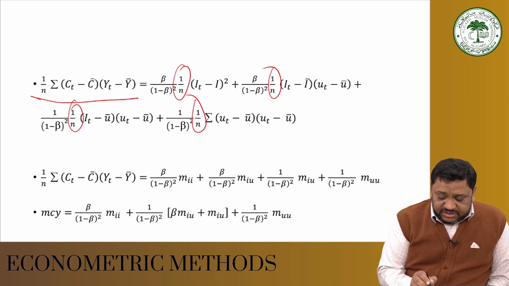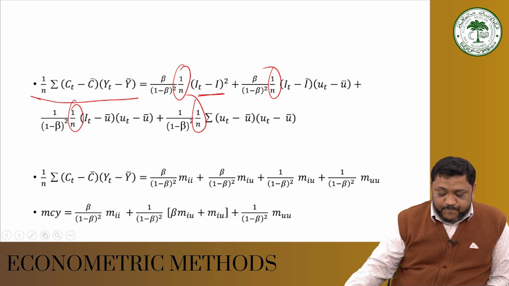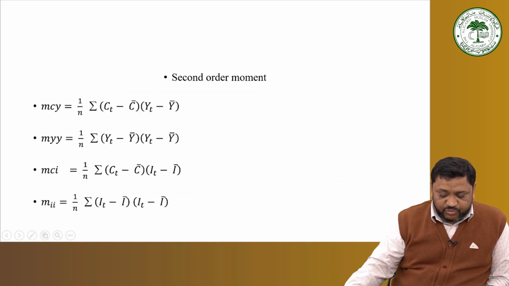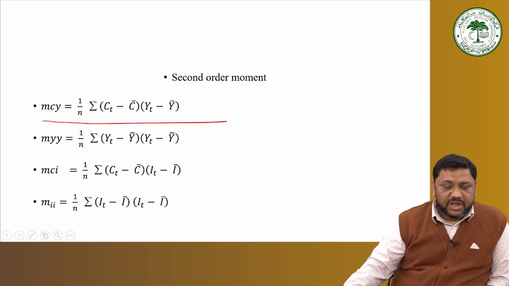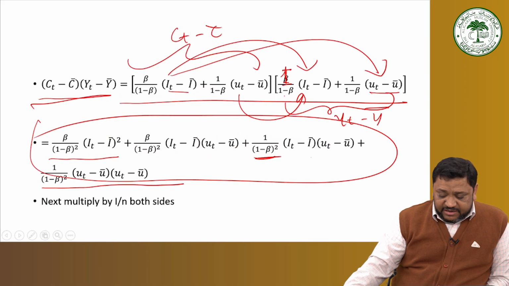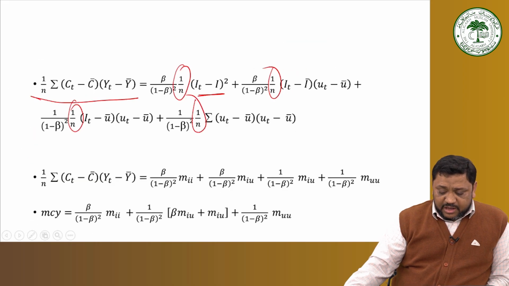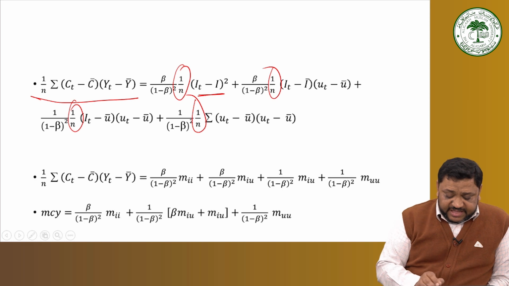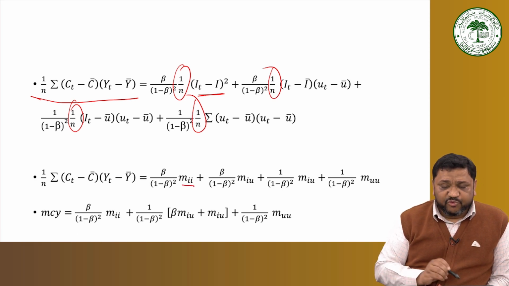Now this is it minus I bar, as we have assumed before. So we write it in that same term, and we say that since it is it minus I bar, this is m11.